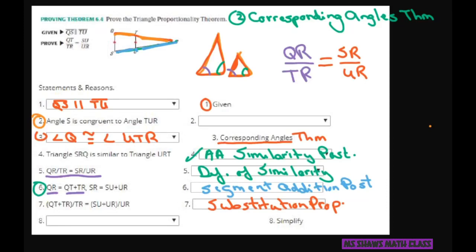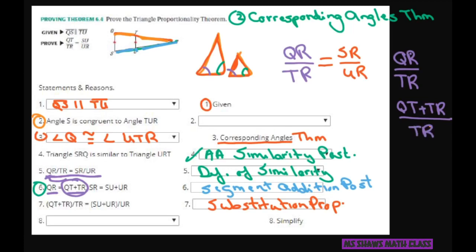So when you have QR divided by TR, what I'm doing is substituting this for my QR. So I'm writing QT plus TR, and then I'm putting the TR.